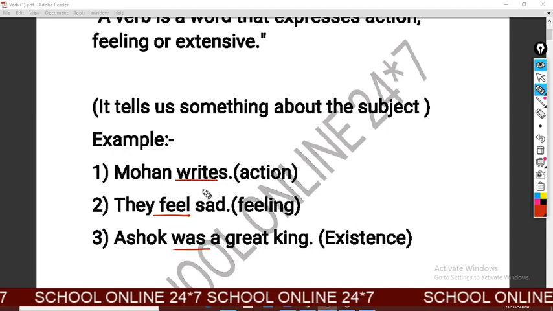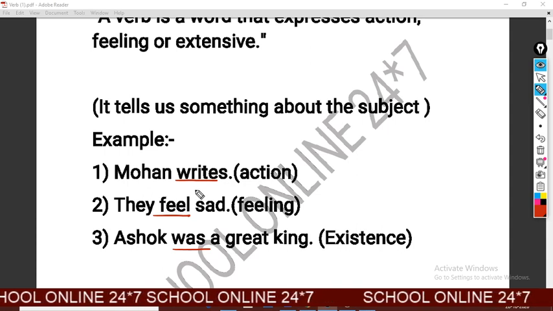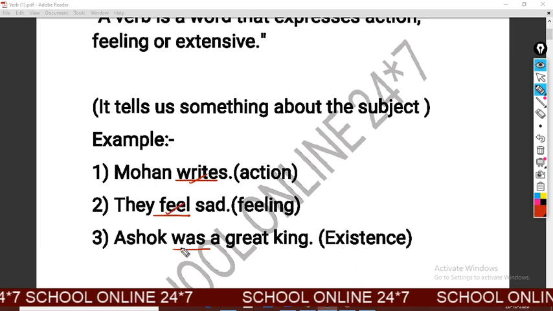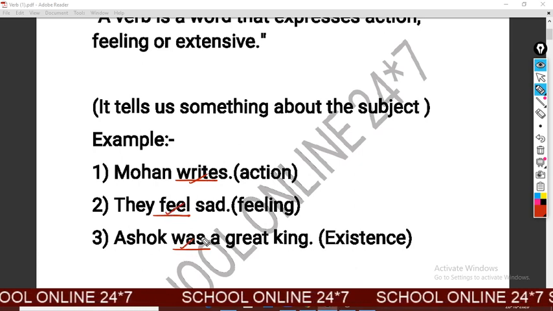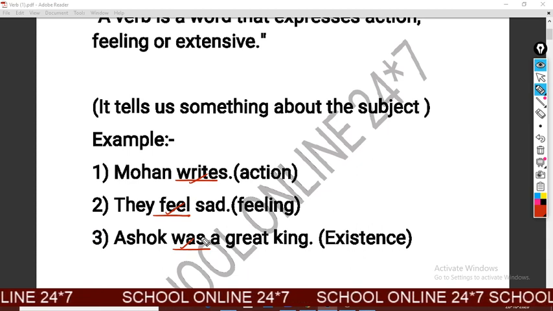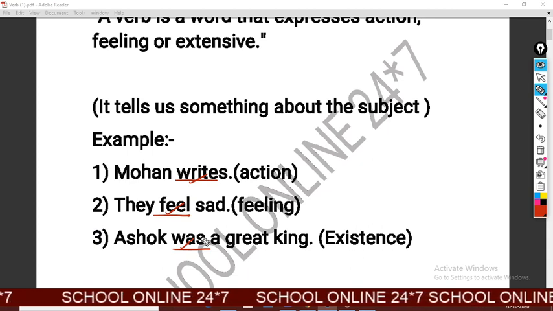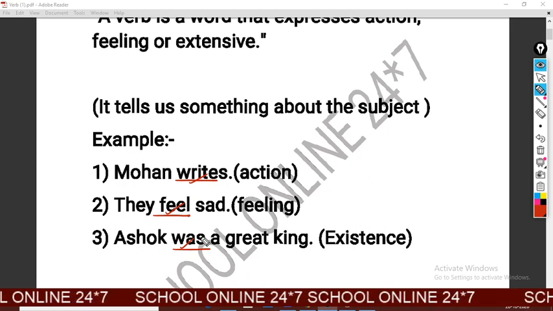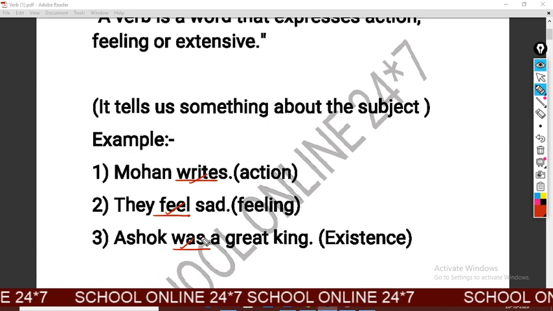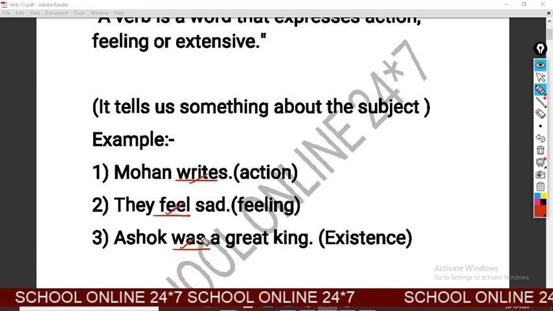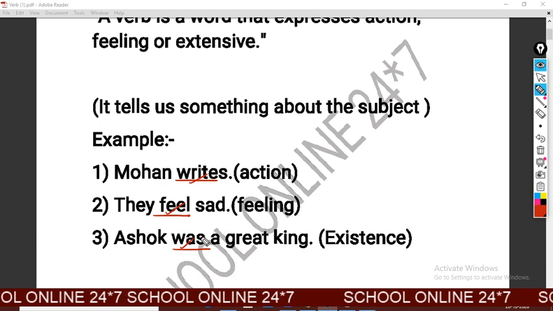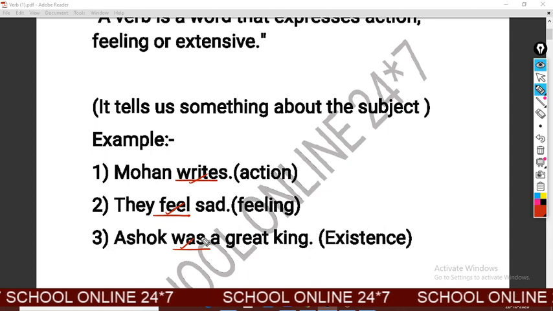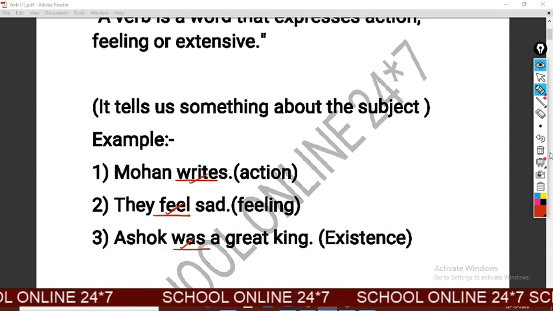In these sentences, writes, feel, and was are all verbs, and these verbs are used according to the number and person of their subject. And these are verbs.